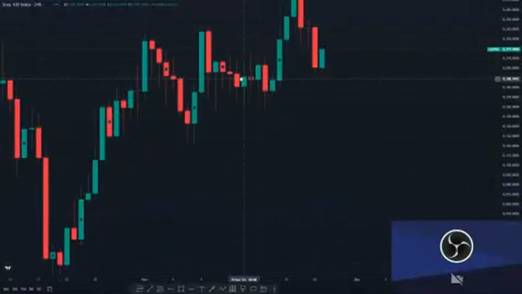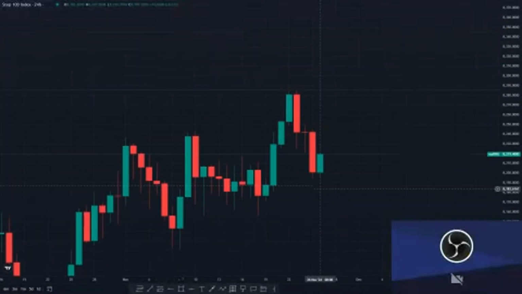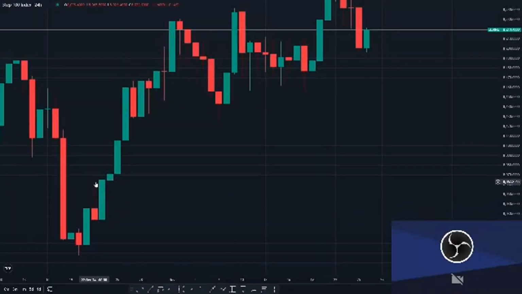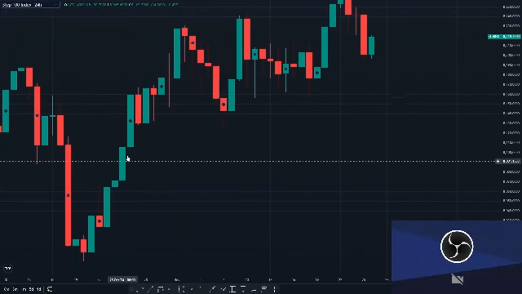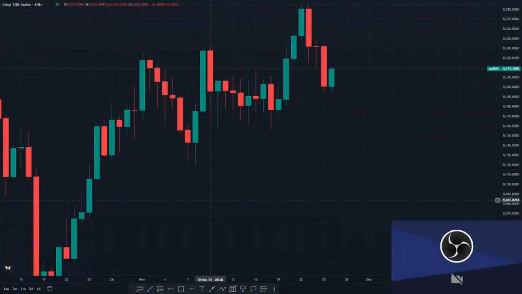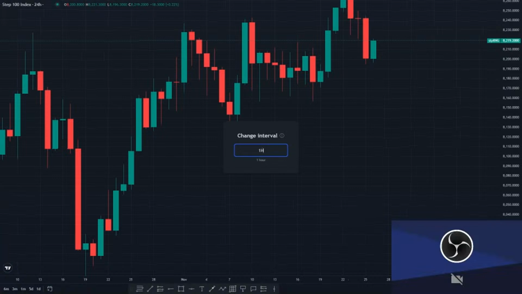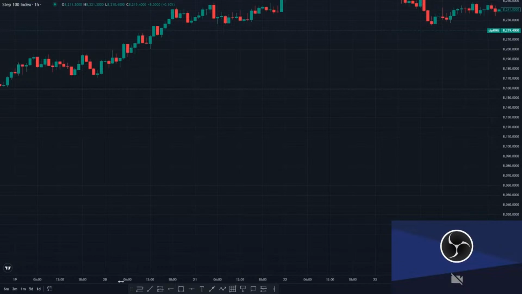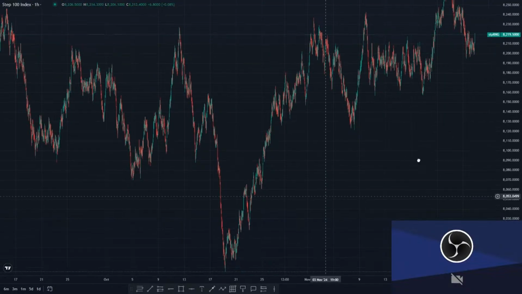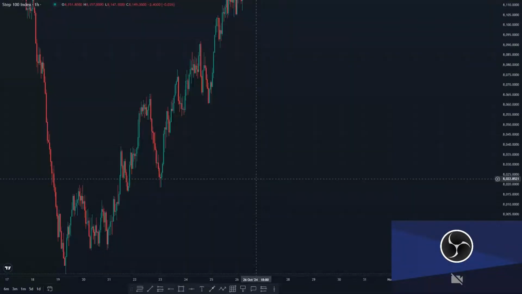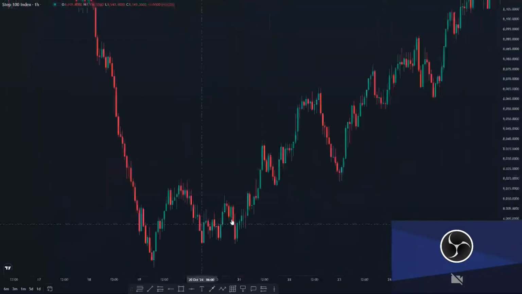But the big picture is, when days like this happen, these sort of gaps, these daily propulsion blocks, and I'm in long here, hold for a few days, ride the move.